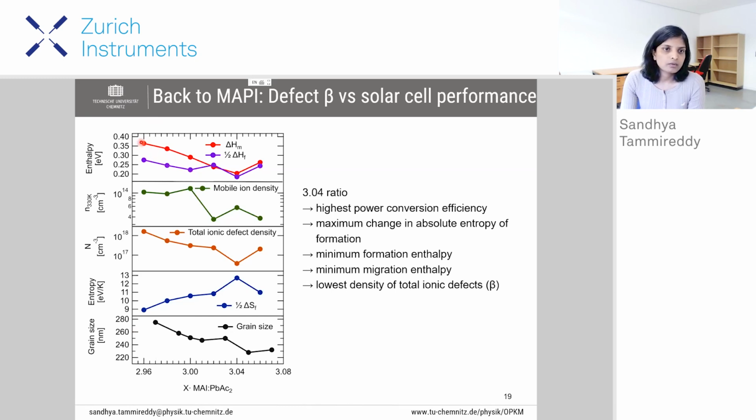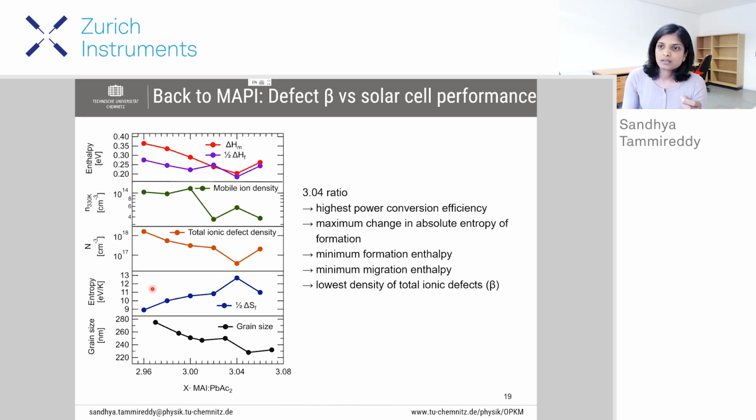For example, if you look at the formation migration enthalpy here, when the grain size is highest, all these values are highest. That means when you have a bigger grain boundary area, you have to apply more energy to a defect in order to form the defect, in order to migrate the defect.